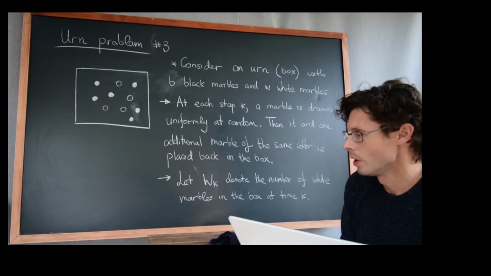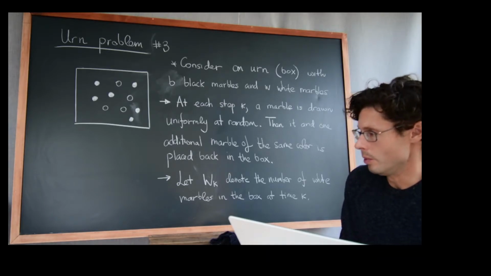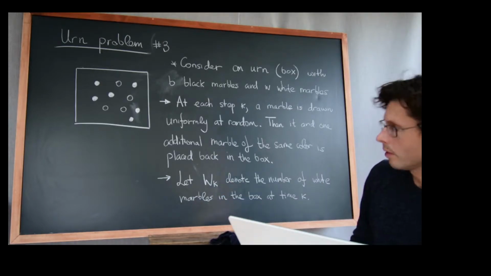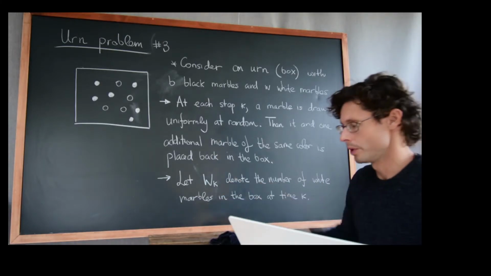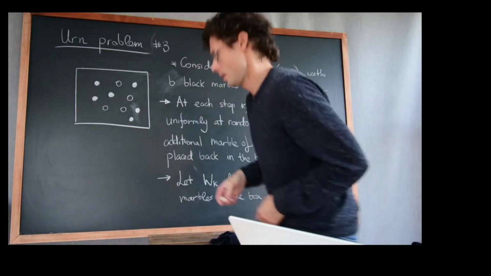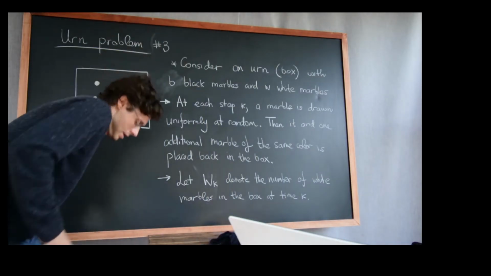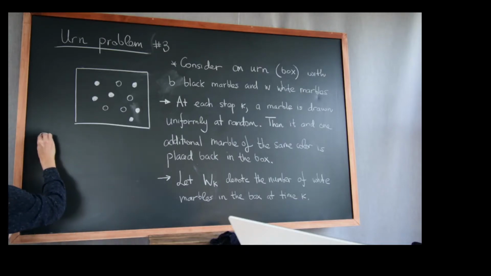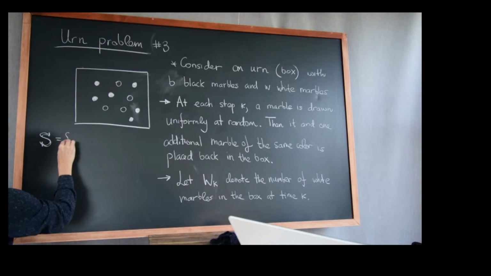As usual, we're going to start developing a little bit of intuition. Let's write down the state space for this random variable here, and in fact, we'll conclude that it's a random variable in a second. As usual, we start thinking about what potentially the situation could be, and we know we start with little w white marbles in the urn.